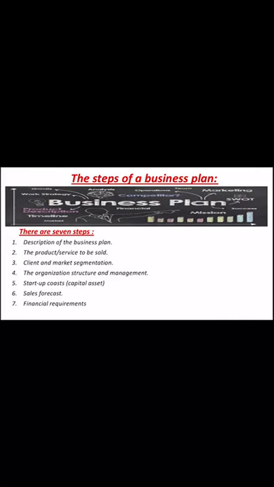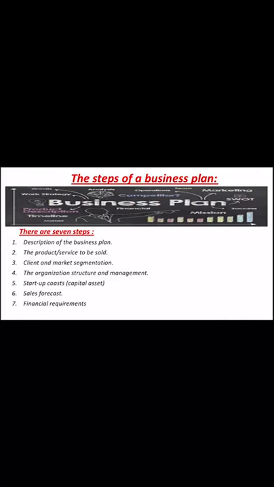Number six, sales forecast. It means what are your expectations for the sales, of course not just ordinary expectations, but studied expectations, and we call the studied expectations or predictions forecast. Number seven, financial requirements. What is the meaning of requirements?